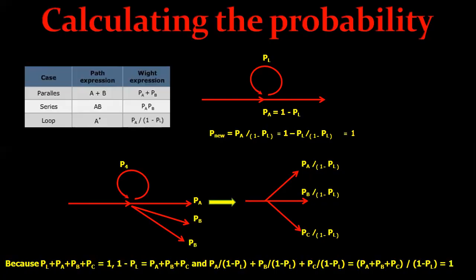Okay, so we always get the sum of the probabilities as 1, which is what we have assumed for any decision. In other words, division by 1 minus PL makes the outlink probabilities normal, with the intention that their sums equal unity after the loop has been removed. So always we get unity.